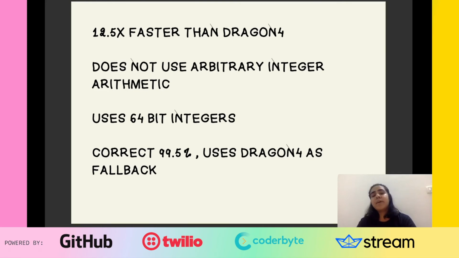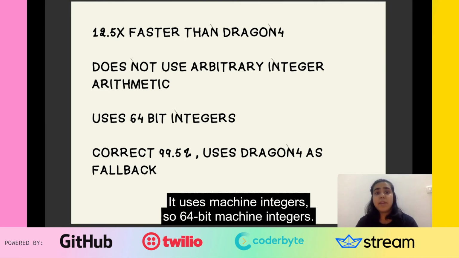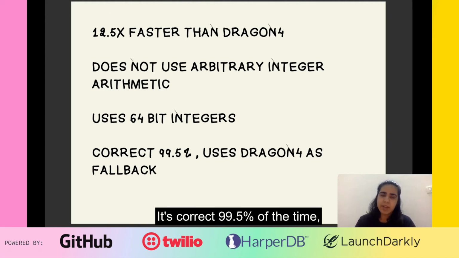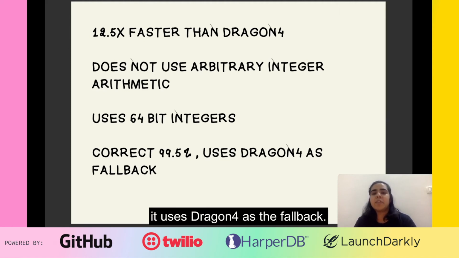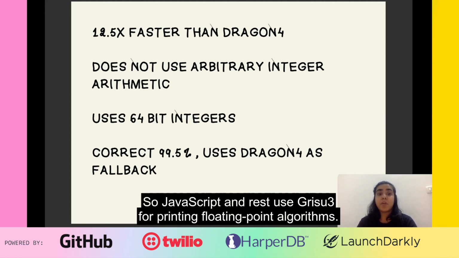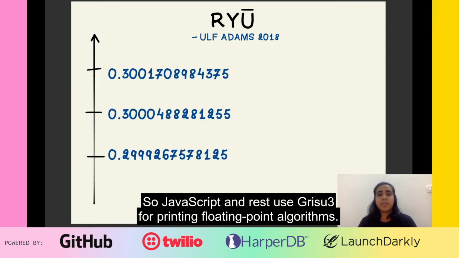It uses machine integers, so 64-bit machine integers, and it's correct 99.5% of the time, and the rest of the times when it's not correct, it uses Dragon 4 as the fallback. So JavaScript and Rust use Grisu3 for printing floating point numbers.